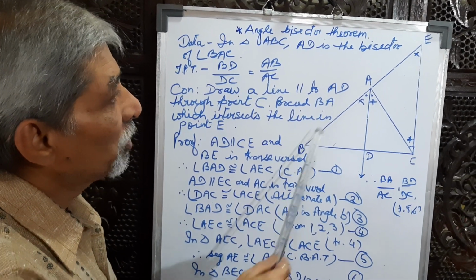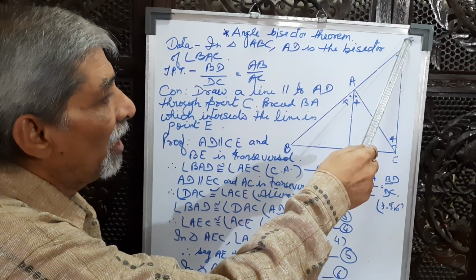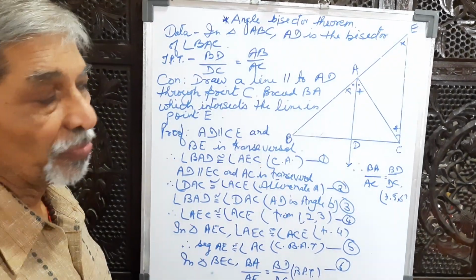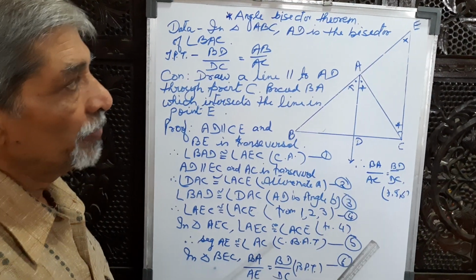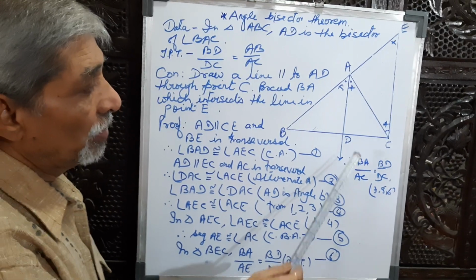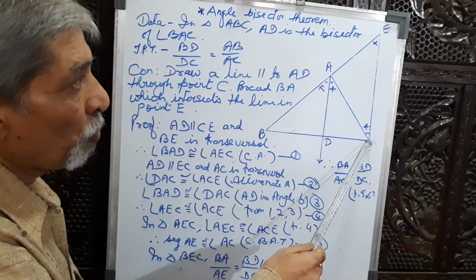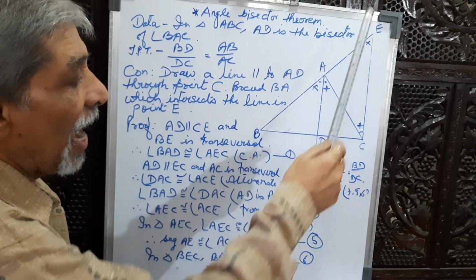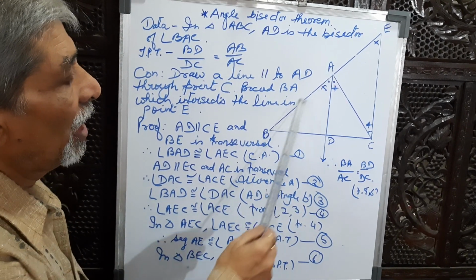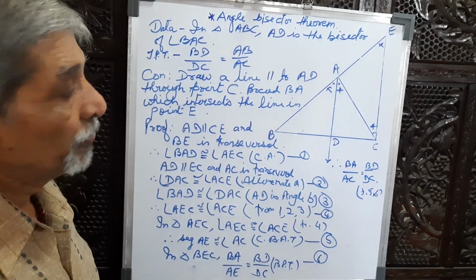And extend BA such that it intersects this parallel line at point E.